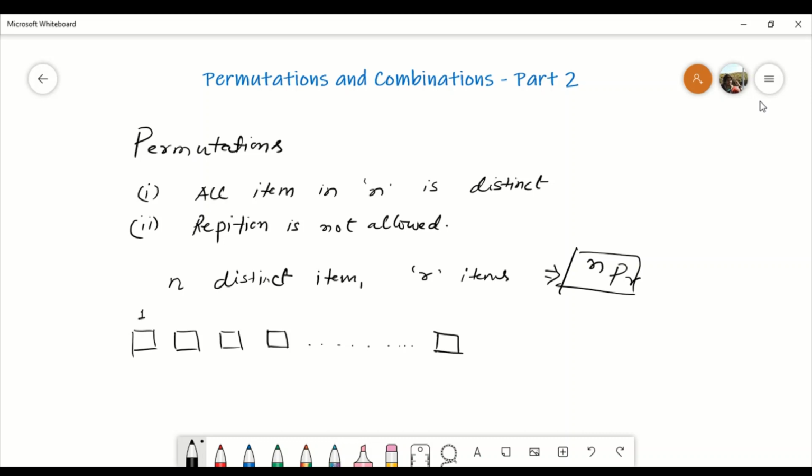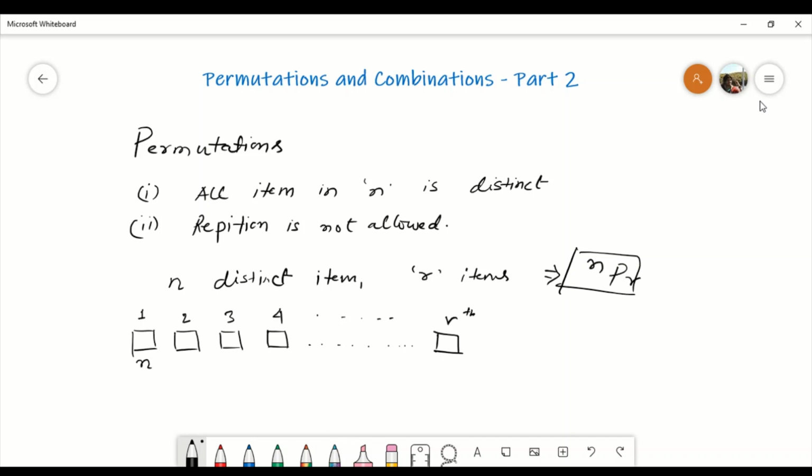This is the first box, second box, third box, fourth box, and this is the rth box. If I have to arrange r items from a pool of n items, in how many possible ways can I fill this first box? I have n items to fill this box, right?